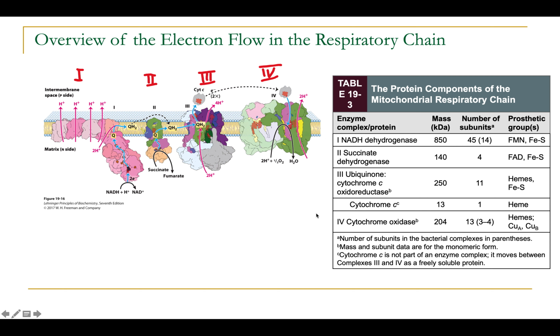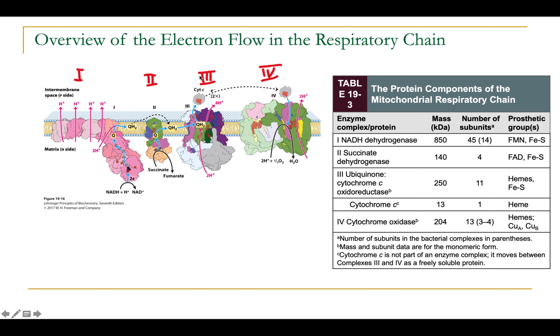From the physical perspective, the components of the respiratory chain could be divided into ones representing large protein complexes embedded in the membrane, the standalone proteins, and small molecules. So the first class is represented by the complexes 1, 2, 3, and 4 embedded in the inner mitochondrial membrane.